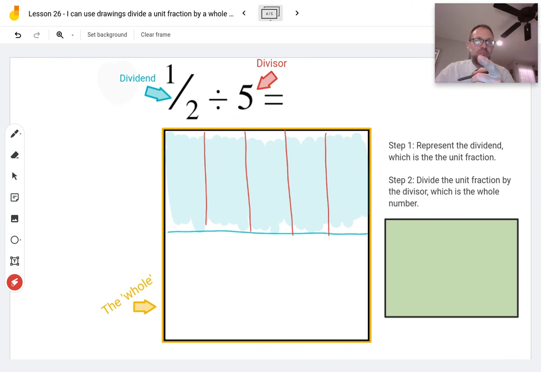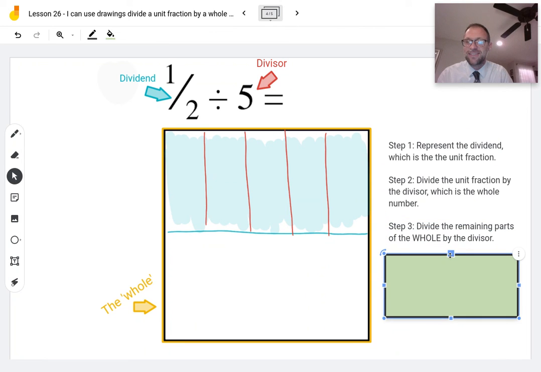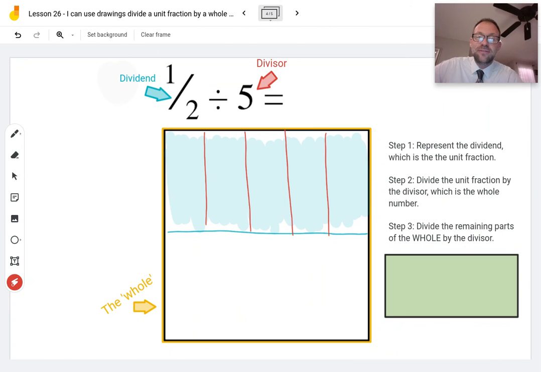But there's another step, right? The third step is to divide the remaining parts of the whole by the divisor. I want you to do that right now on your drawing. Go ahead and divide the remaining parts of the whole by the divisor.